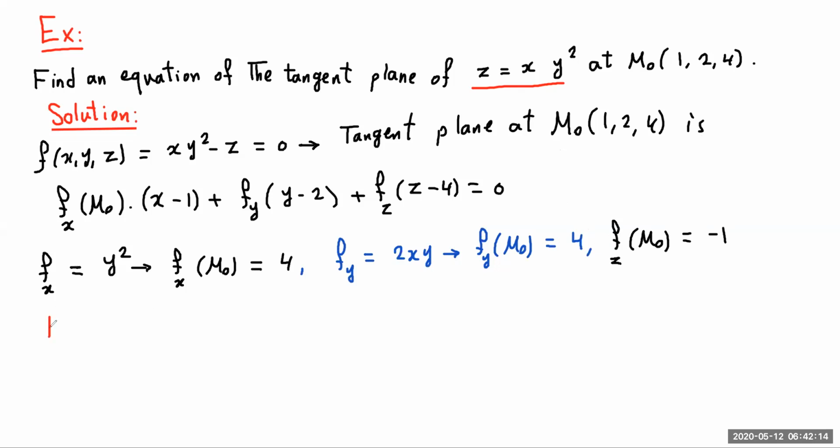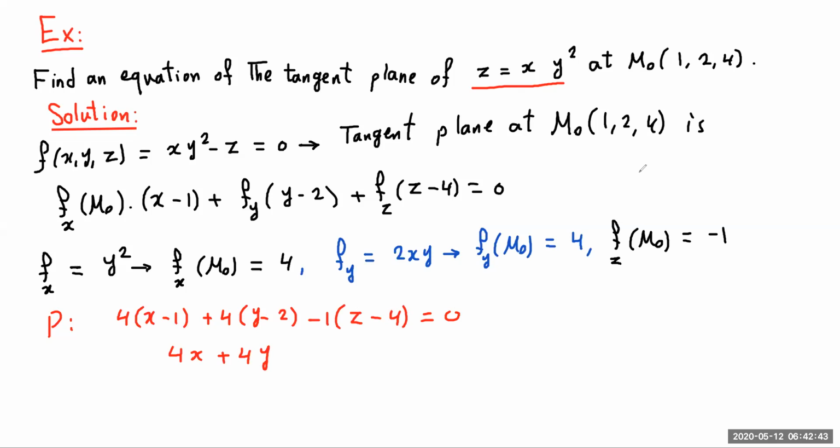So the equation of the tangent plane will be 4 times x minus 1, plus 4 times y minus 2, minus 1 times z minus 4, equals 0. We can write it finally 4x plus 4y minus 4 minus 8.